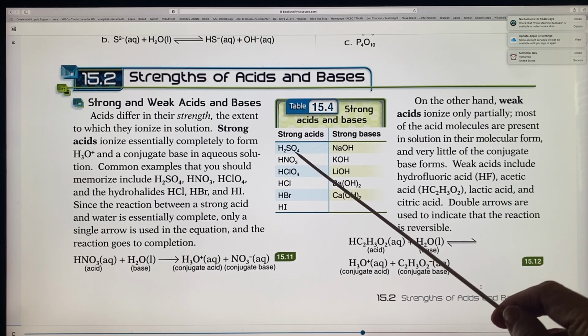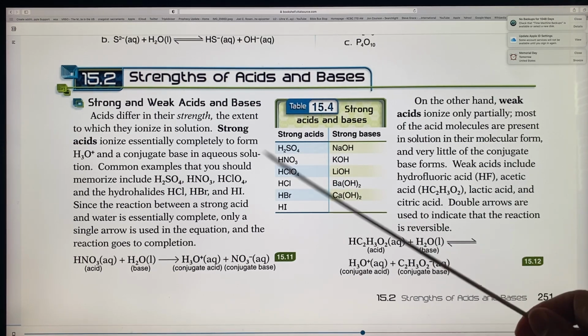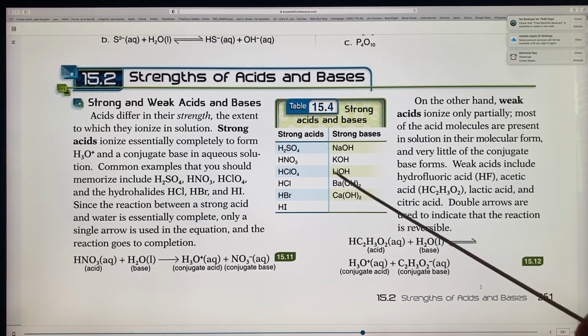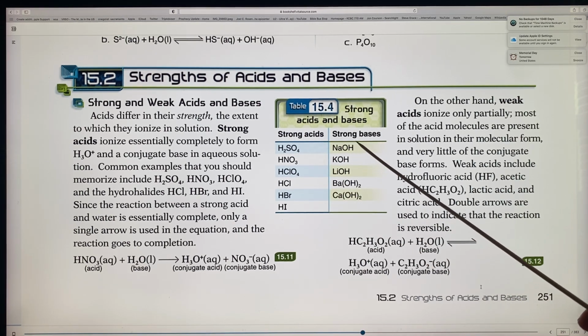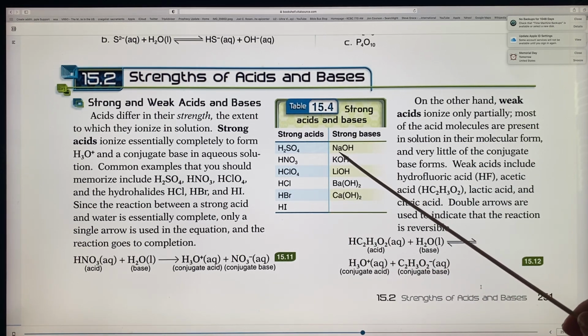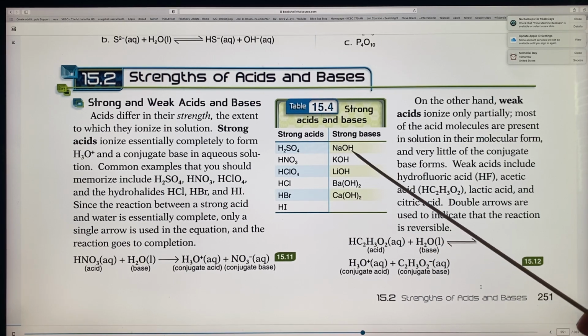We also have sulfuric acid here. These others are strong bases. The acids have hydrogen at the beginning, and these have a metal at the beginning and OH, which means they're a base.